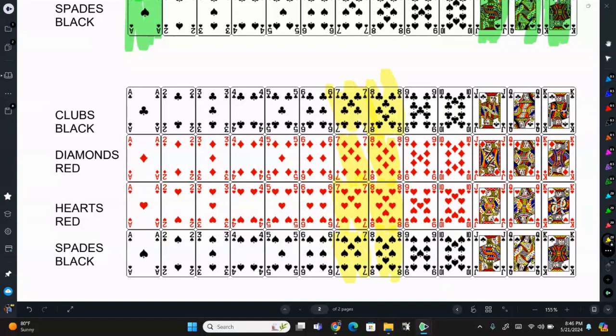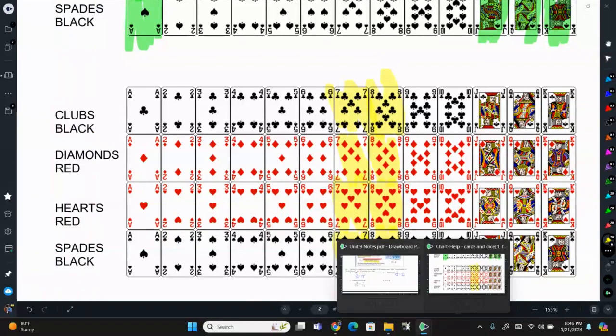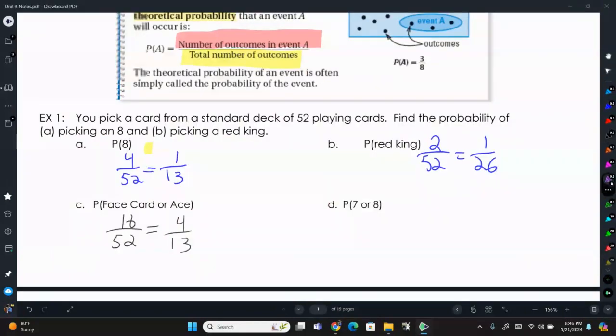So together we have 8 cards, or 8 successes, or 8 desired outcomes out of 52 total. So 8 out of 52, which is going to give us 2 out of 13.